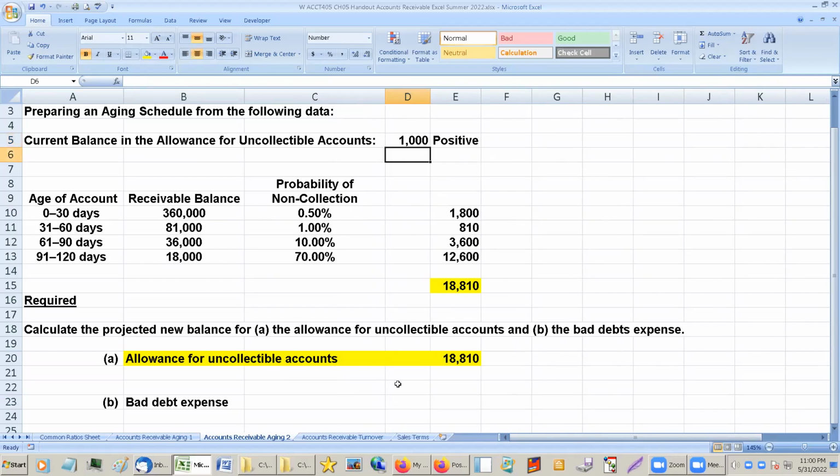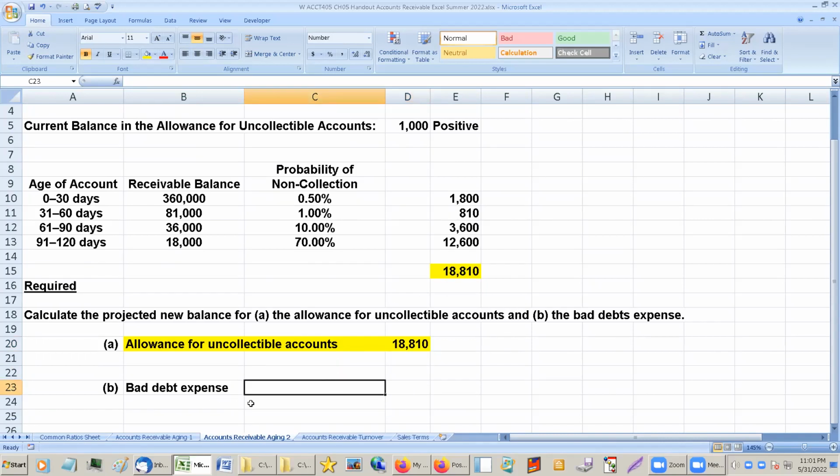Okay, so there we go. It's going to be a little tricky because we already have 1,000 in that account. So we really don't need to expense all 18,000. So this would look like this.